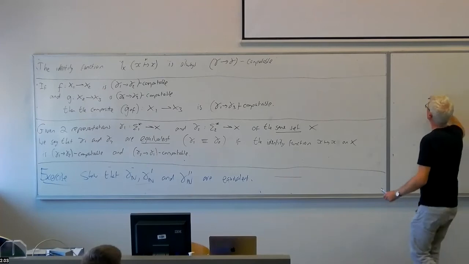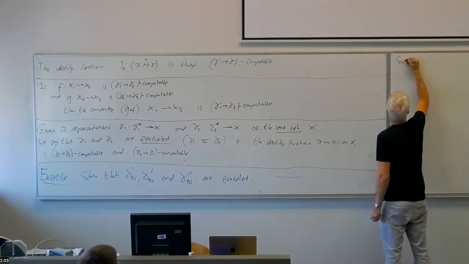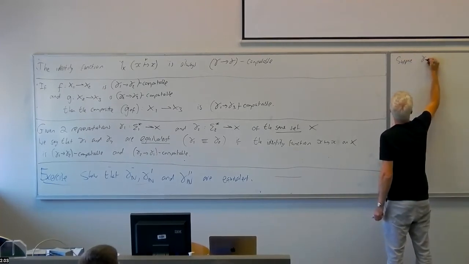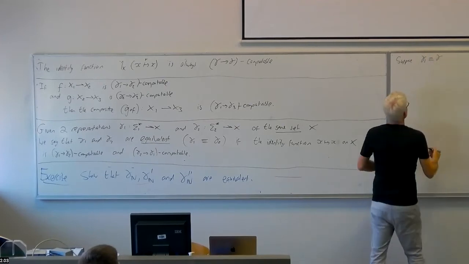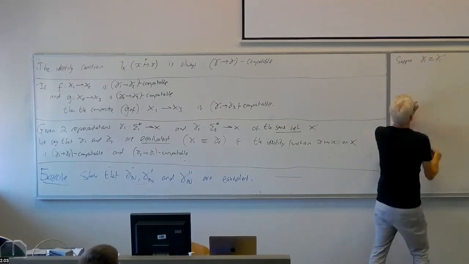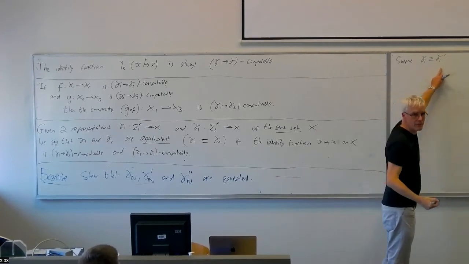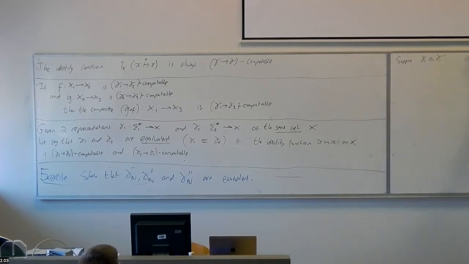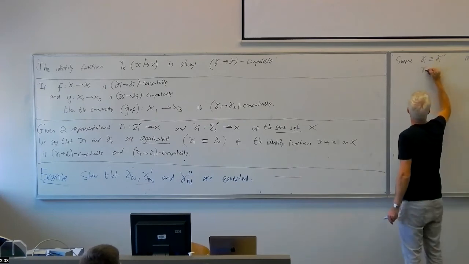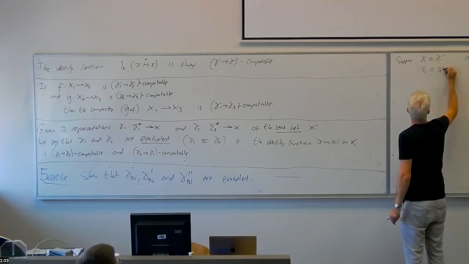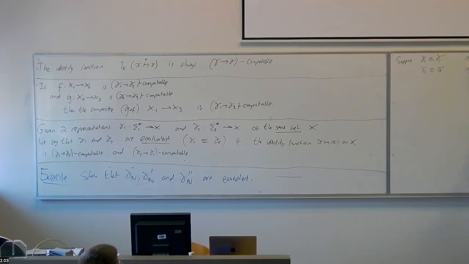So suppose the representation gamma 1 is equivalent to the representation gamma 2. These are representations of x, or let's say of x1. And suppose also that gamma 2 is equivalent to gamma 2 prime. These are representations of x2.